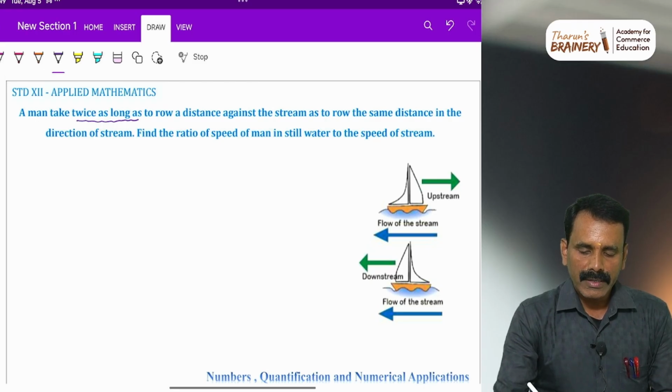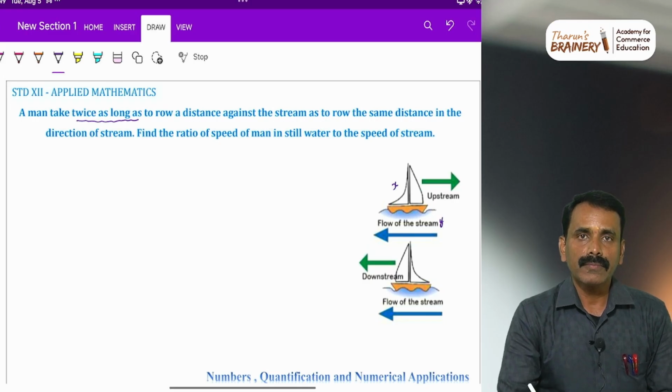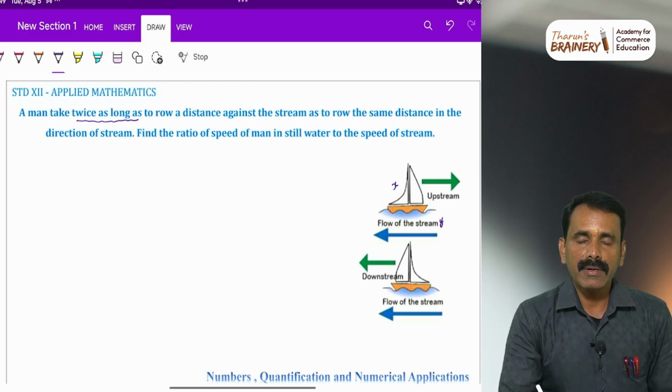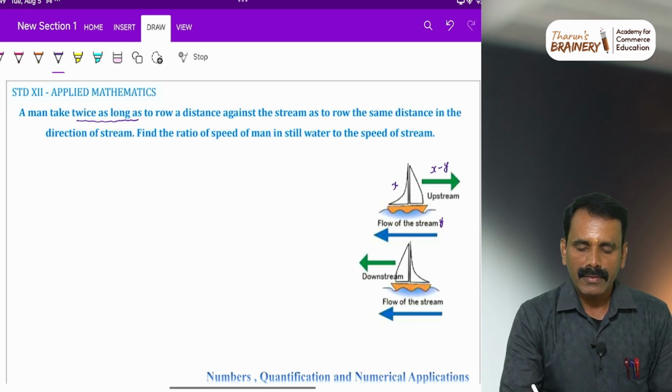So we take the speed of the boat as x and the flow of the stream speed as y kilometer per hour. Against the stream his speed reduces, so we take it as x minus y.